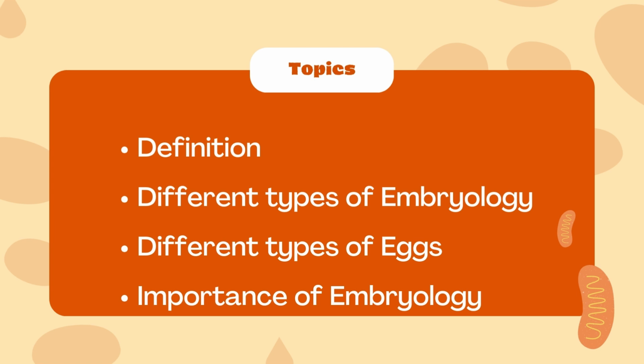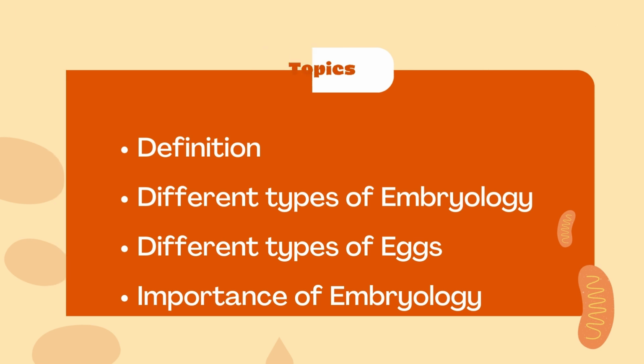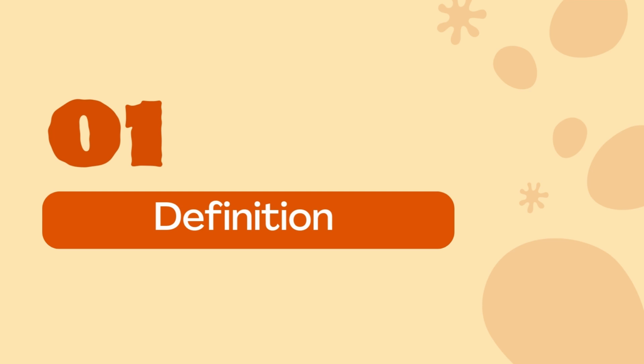So what do we mean by embryology? Let's explore together the definition of embryology. It's the branch of biology that studies the development of organisms from fertilization to birth, or the equivalent stage, in a non-viviparous organism.